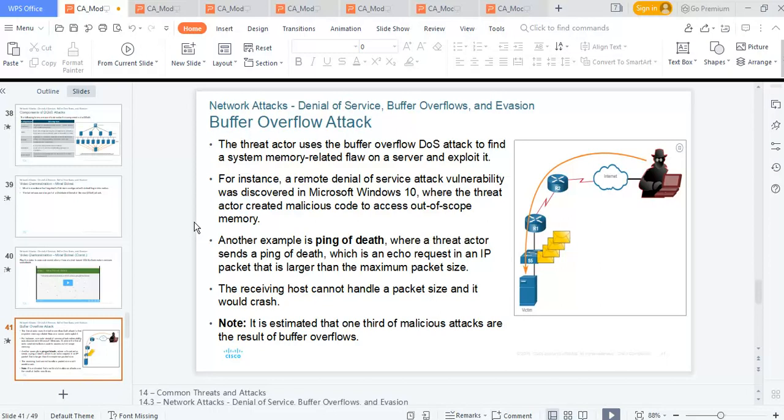If you get to a point where your system cannot buffer, it cannot keep in wait and process simultaneously and segment that amount of work you're trying to give it to do, what's going to happen is that you're going to have a buffer overflow, it's going to crash, and your system is going to freeze up. So attackers can exploit that memory related flaw on the system, cause the system to be sent so many packets of data, cause the system to go into a zombie mode, then an attack can now be exploited.